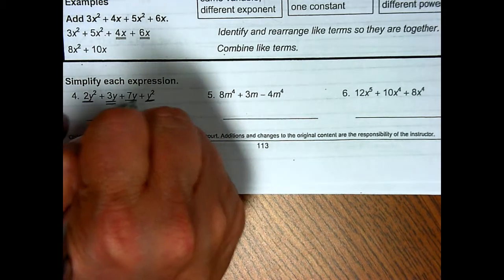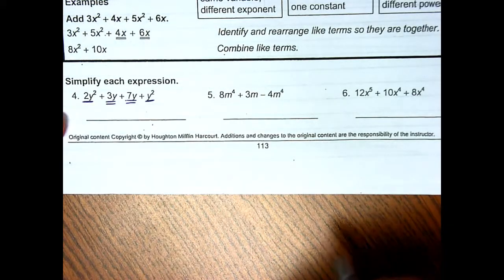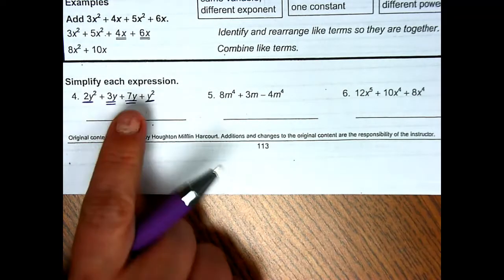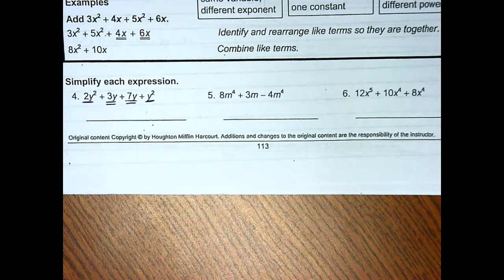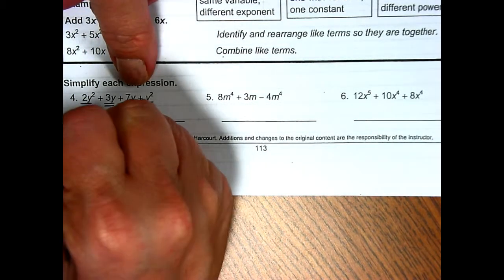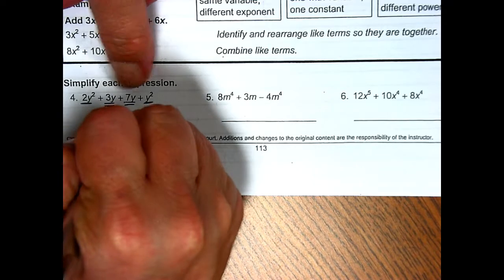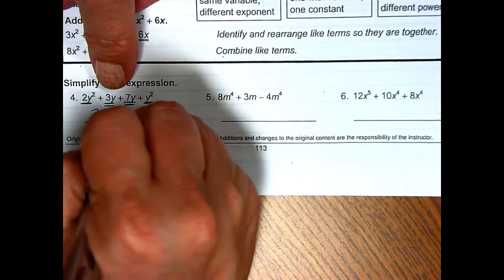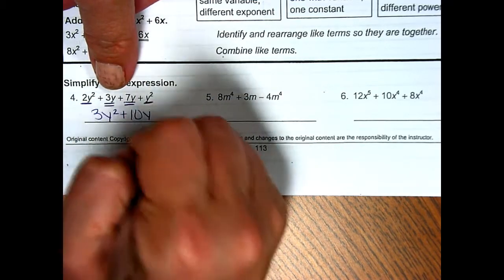So the other term is also y. So I'm going to put 2 underlines under that. And then I'm going to combine the terms that have the same amount of underline. So 2y squared and y squared is 3y squared. And 3y and 7y is 10y.